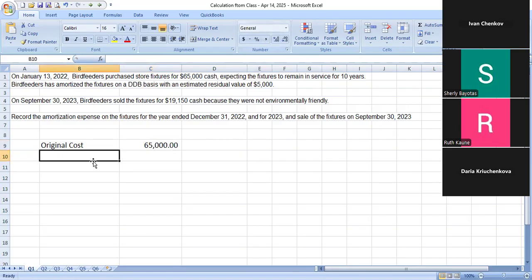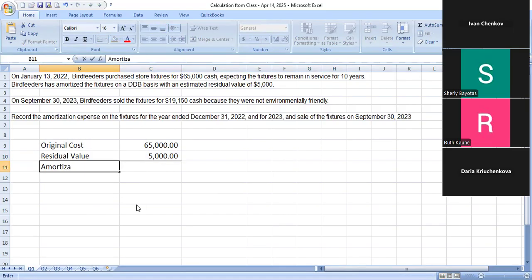Then we have the residual value, which in our case is $5,000. So technically, over the life of this particular asset, those fixtures, we have to amortize $60,000.